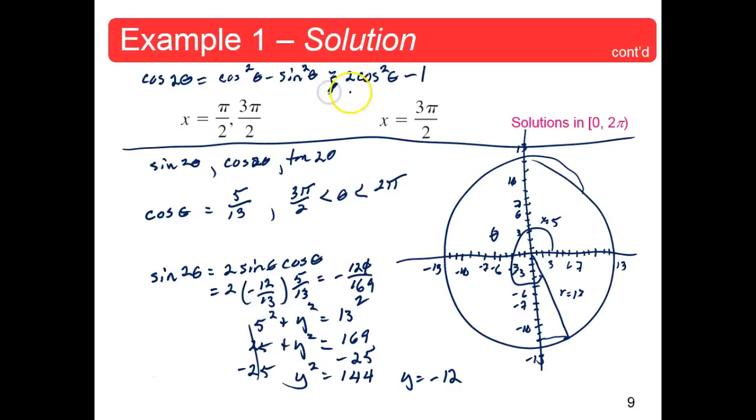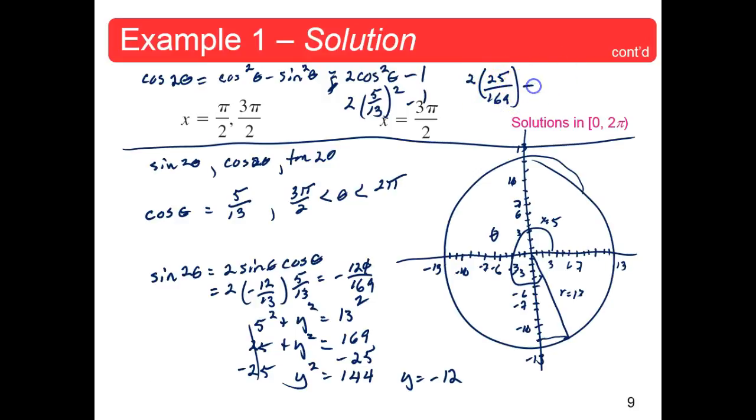And that will be cosine 2 theta. I'm going to put equal rather than a comma. 2 times, and what's cosine theta? 5/13. But we're going to have to square that. Minus 1. Okay? So what is 5/13 squared? 2 times 25 over 169.